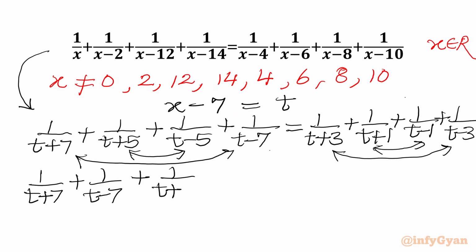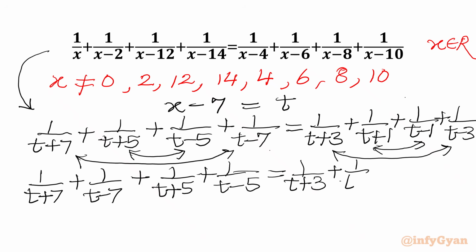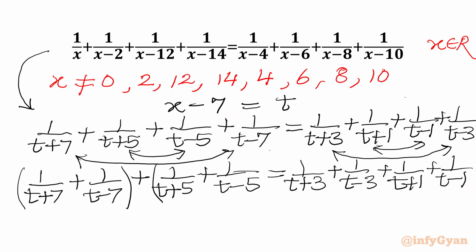So I will write 1 over t plus 7 plus 1 over t minus 7 plus 1 over t plus 5 plus 1 over t minus 5 equal to 1 over t plus 3 plus 1 over t minus 3 plus 1 over t plus 1 plus 1 over t minus 1. Now we will take LCM over here in left hand side and in right hand side.